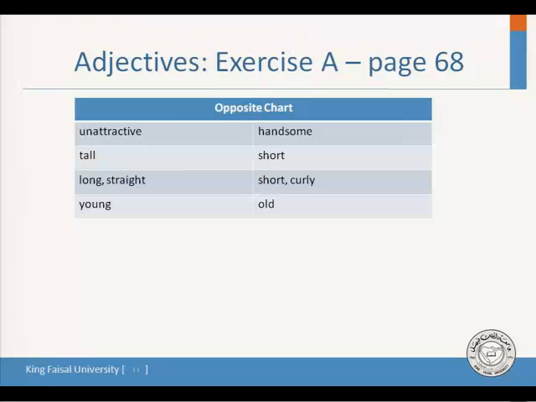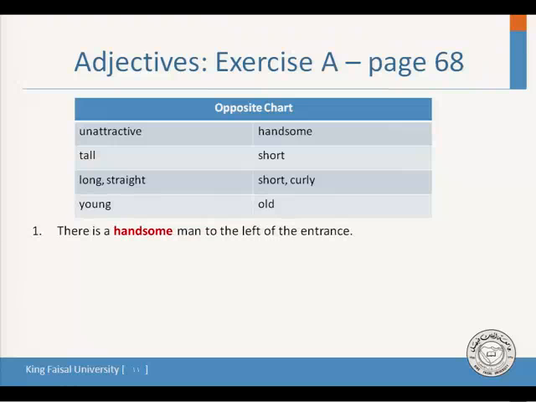We say a handsome man, a handsome young man. Tall, short. Long straight hair, and the opposite is short curly hair. Okay, the opposite of young is old.